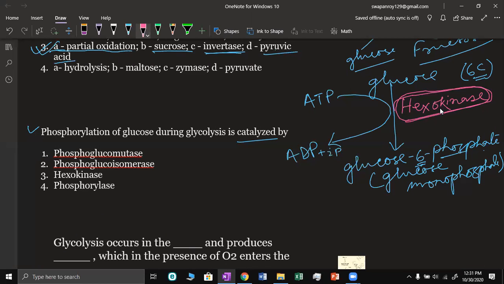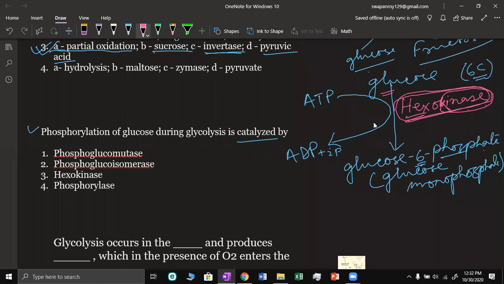That enzyme is usually called kinase. So it is hexokinase. Why? Because glucose is a hexose sugar. So the name of the enzyme is hexokinase.